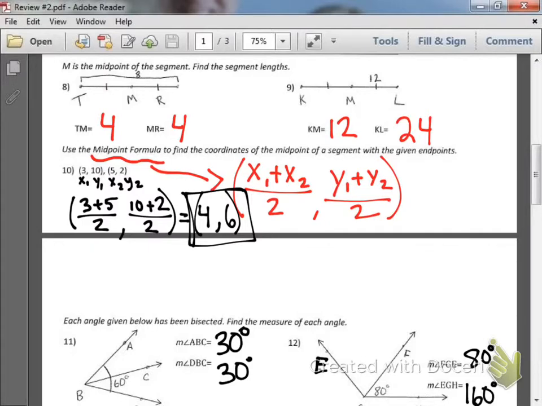So kind of like the segments on the previous page, it just depends what I'm asking you for. If I give you one of the little guys and I ask you for the other little one, it's the same number. And then the entire thing is just adding those two numbers together. Or if I give you the whole thing, you have to divide it by 2 to find the little halves. Any questions on that idea?